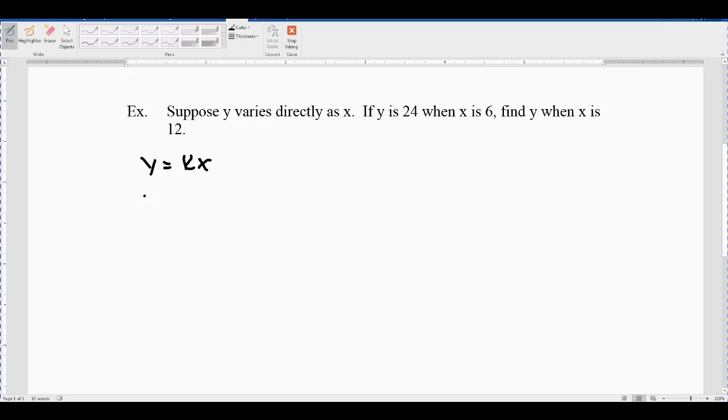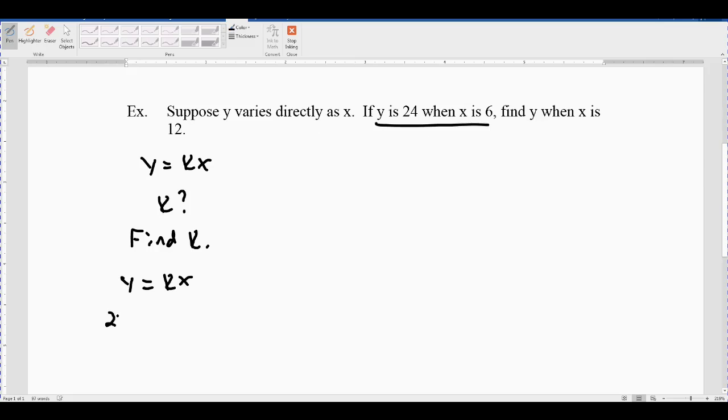Well, I don't know what k is, given the information. So I'm going to find k first, and that's what this first part does. It's going to help me find k. So I'm going to use y equals kx, as always, because that's the only thing I know for sure when it talks about varies directly.